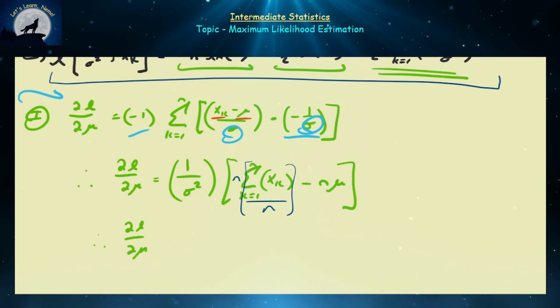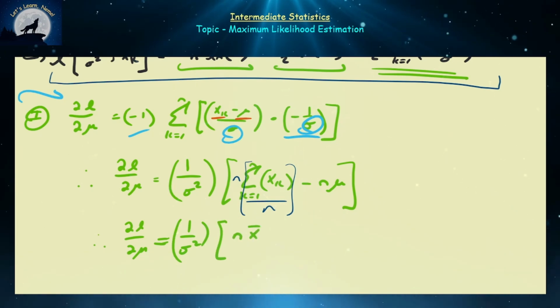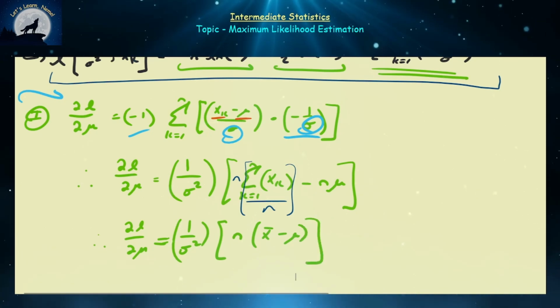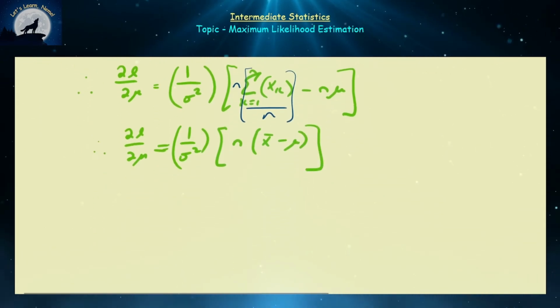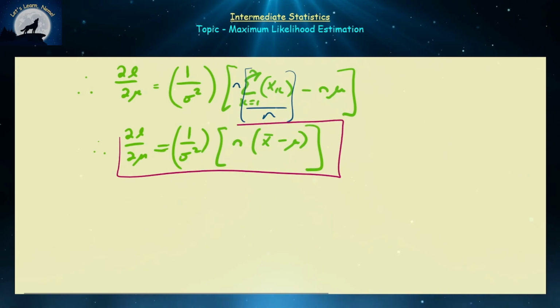At least I think so. Maybe I'm wrong. So we're left with 1 over sigma squared times n x bar. Let's actually factor out that n, just for fun. So n times (x bar minus mu). Yeah, this is a nice representation. So partial L partial mu is equal to this.